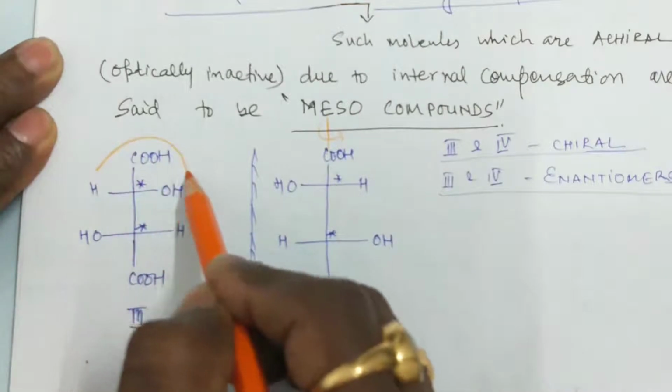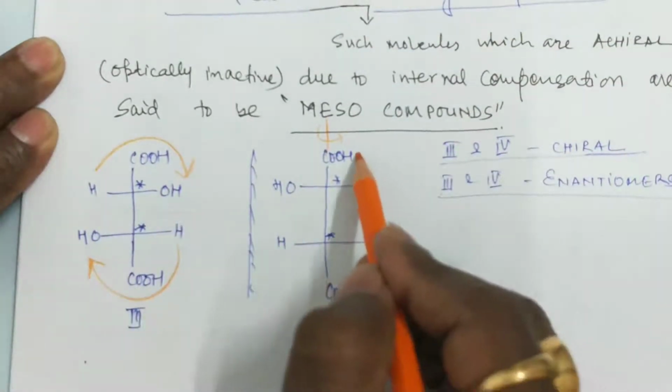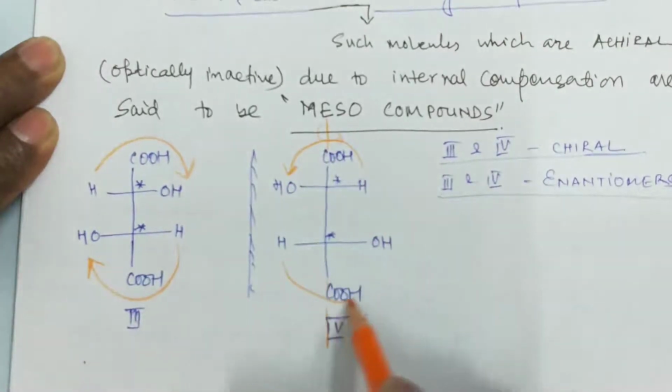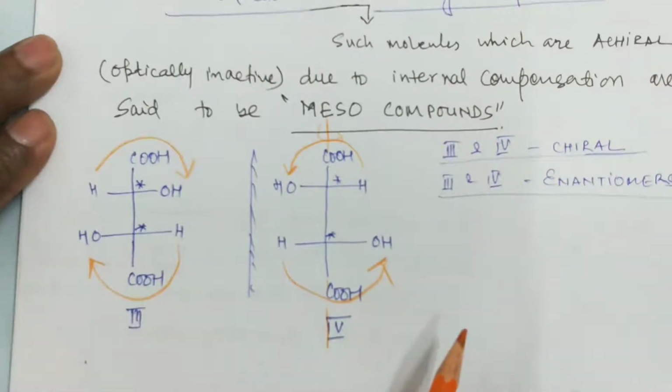In this way, these two molecules are different, they have different properties, they have different behavior towards plane polarized light. So they are enantiomers, they are chiral, they have all physical properties the same, only one behavior is different, that is behavior towards plane polarized light.